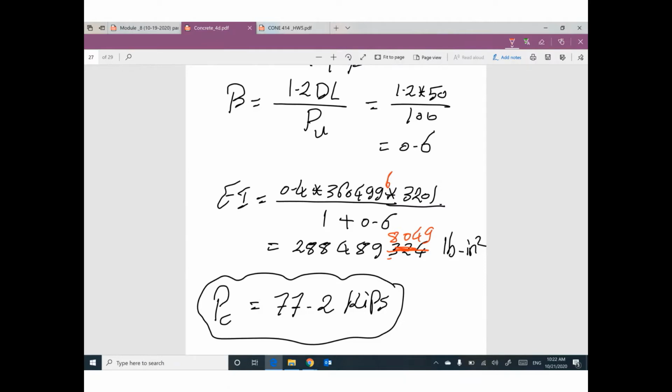This value will be 772.3 kip. That makes sense. Thank you, Oliver.